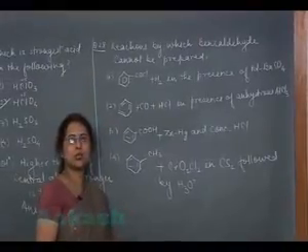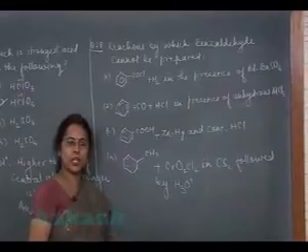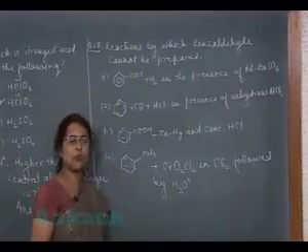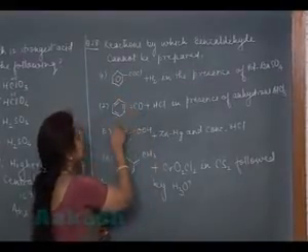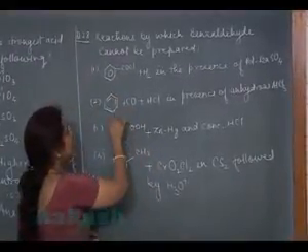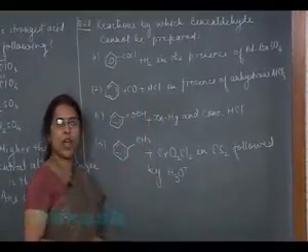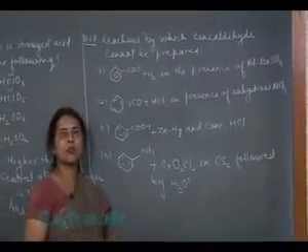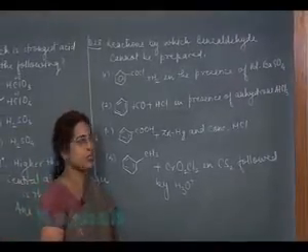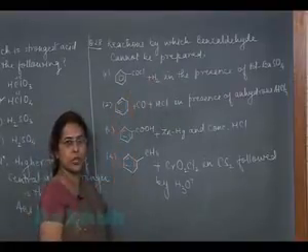This reaction is known as Rosenmund reaction, and Rosenmund reaction can be used for the preparation of any aldehyde. So this is correct. Second option is given, benzene plus CO plus HCl in presence of anhydrous aluminium chloride, that is known as Gattermann-Koch aldehyde synthesis. So this reaction can also be used for the preparation of benzaldehyde.